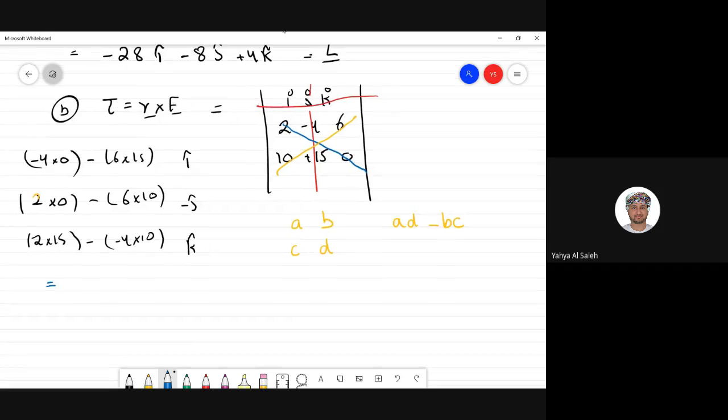So we end up with 6 times 15 is 90, so minus 90i plus 60j plus 30k. And this is my torque. Whether you do AD or DA doesn't make a difference, but it has to be AD minus BC.